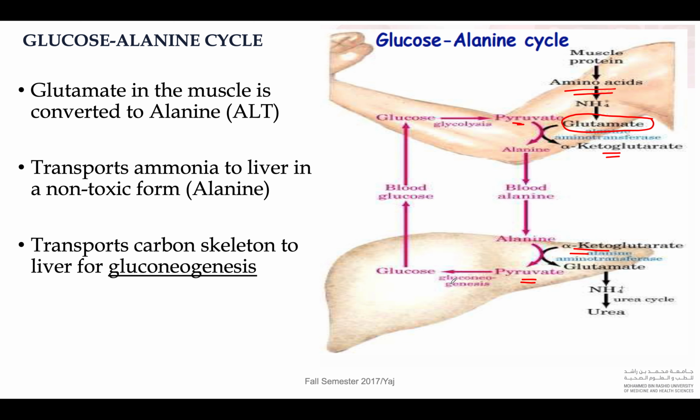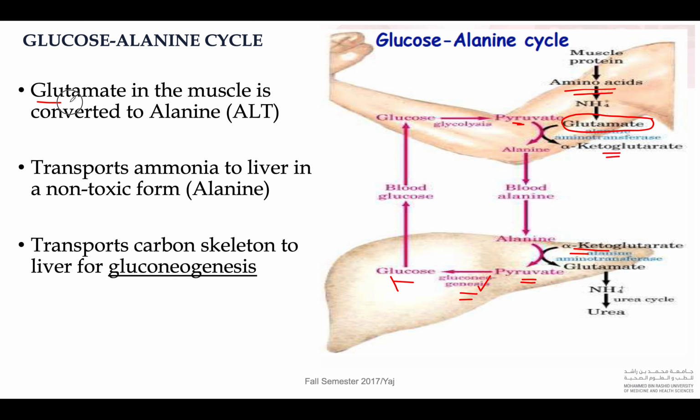Pyruvate, by the process of gluconeogenesis, which we have looked at, is converted to glucose, and this glucose goes back into the muscle where it generates ATP. And this we have talked about, as I mentioned, in the glucose-alanine cycle when we talked about the process of gluconeogenesis.